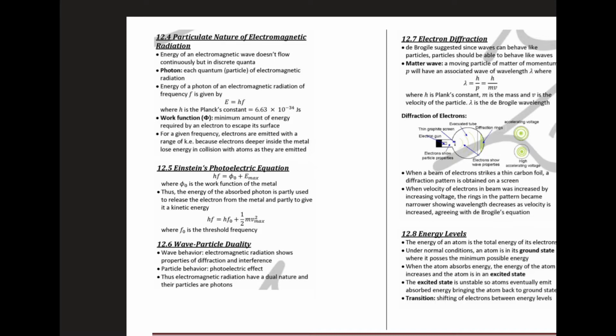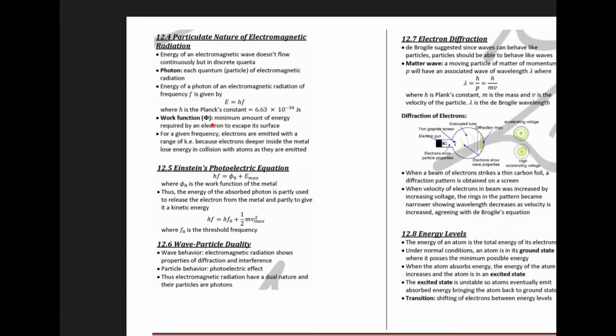Then next one, we have the work function, which is phi. It is the minimum amount of energy required by an electron to escape its surface. So logically, if the energy is not enough, the electron cannot be released.